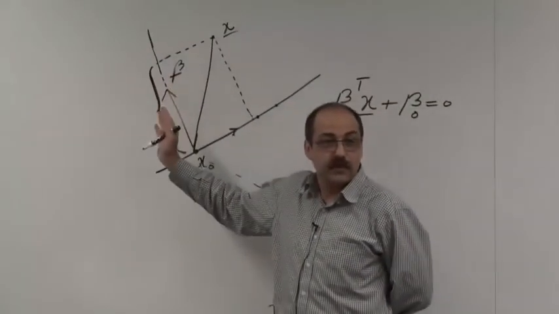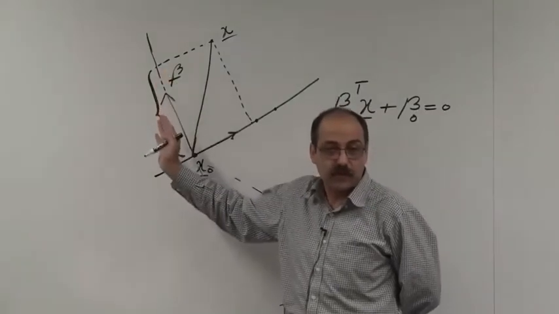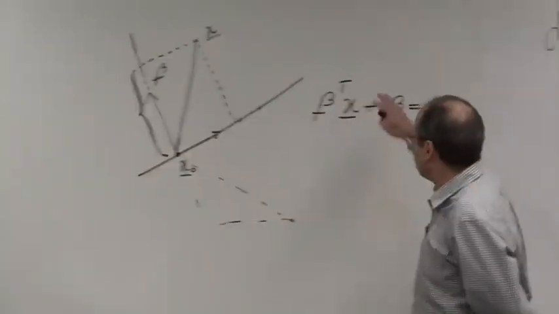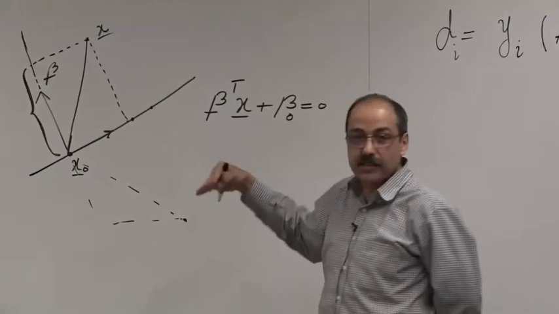Yes. Beta has to be a unit vector. Yeah, that's a good point, actually. Beta needs to be a unit vector, if you want this calculation to be precise.